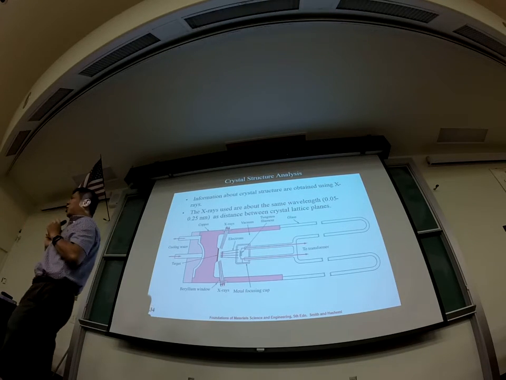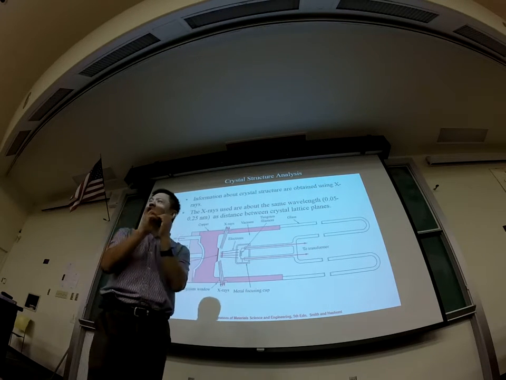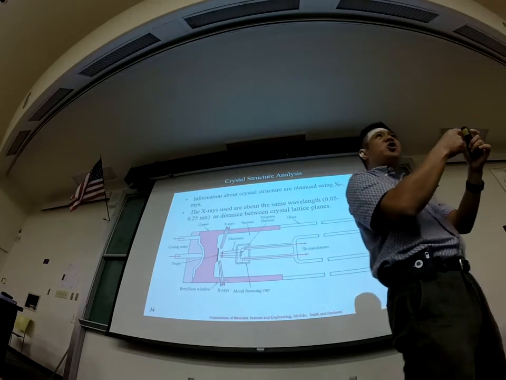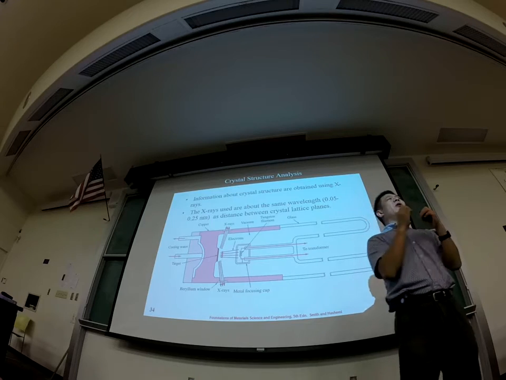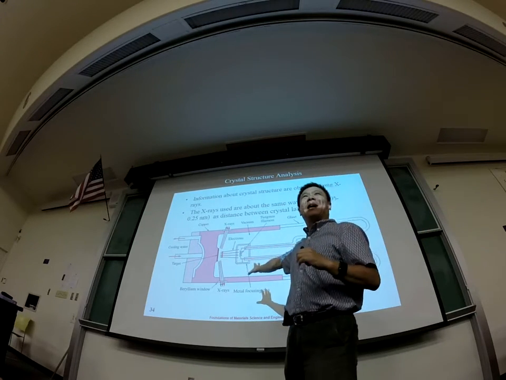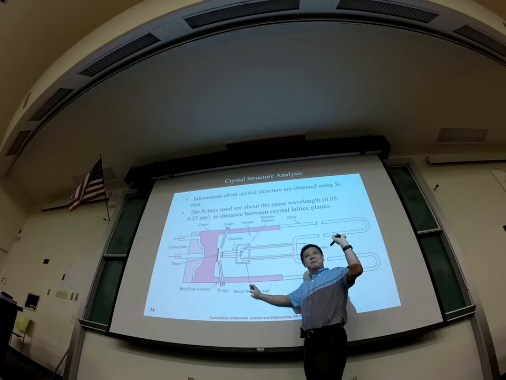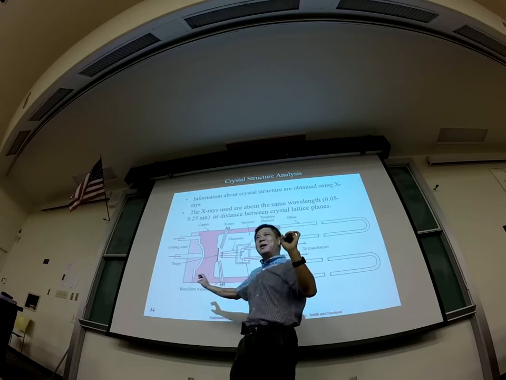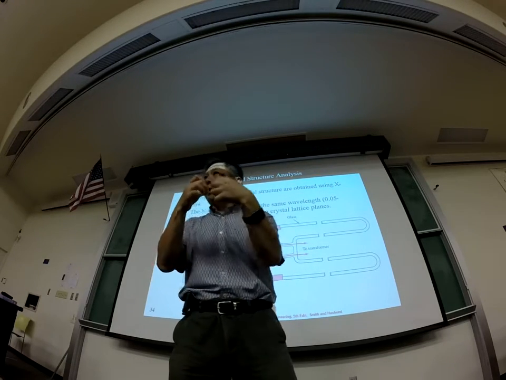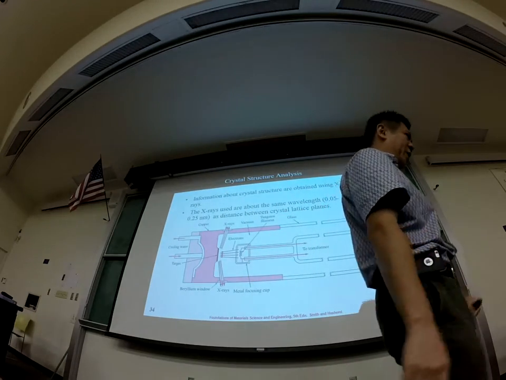If we want to interrogate this kind of periodic structure, when their lattice space is so small, we know that the lattice space in the crystal, because they are atomic crystals, right? These are atoms. For example, think about iron. The diameter of the iron atom is only about a few angstrom. Same thing for their interatomic space.